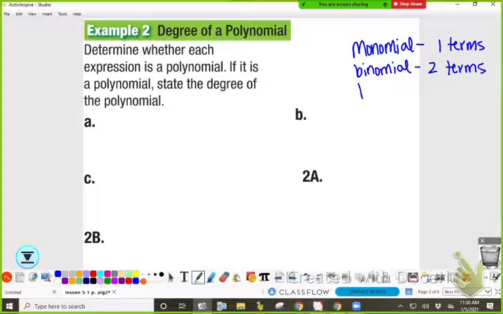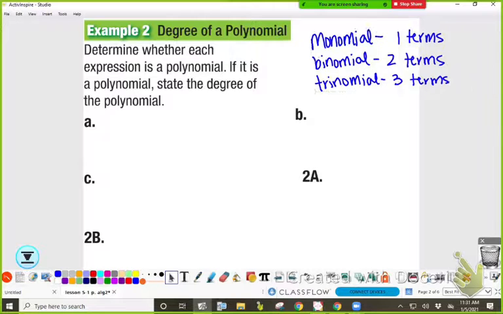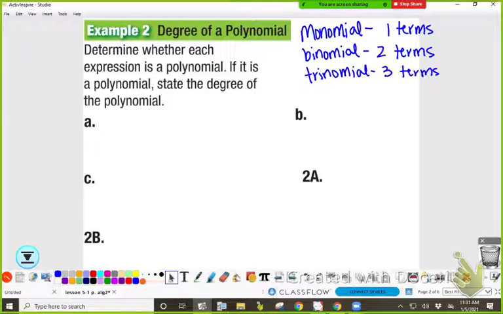A trinomial is 3 terms. And there's actually more words, like beyond 3 terms, but they just really focus on those 3. So a monomial, a binomial, and a trinomial are specific kinds of polynomials.